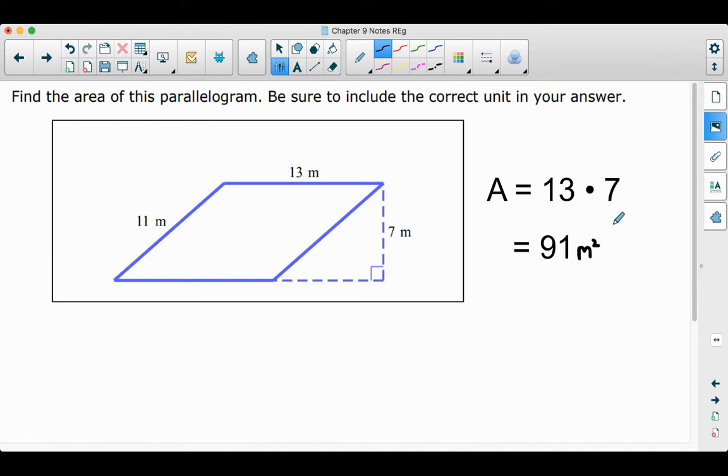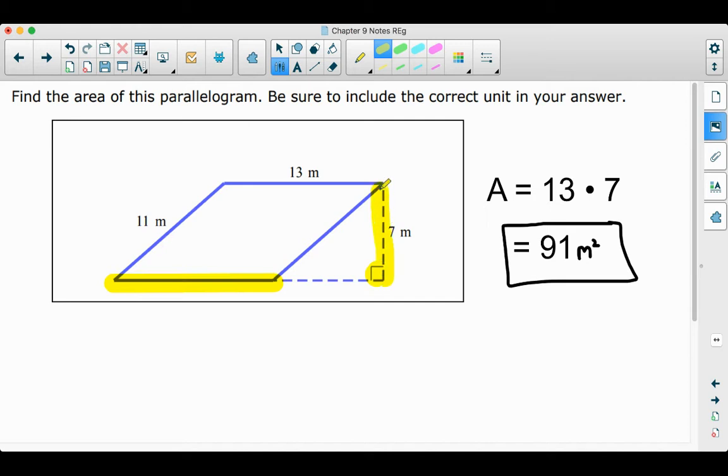Now, if you're wondering how I got 91 meters squared, here we go. If you look, my 90-degree angle is right there. So the two lines that make the 90-degree angle are this one and this one. And you may be thinking, but it doesn't connect. You're right. But they just took the height and they moved it over here.